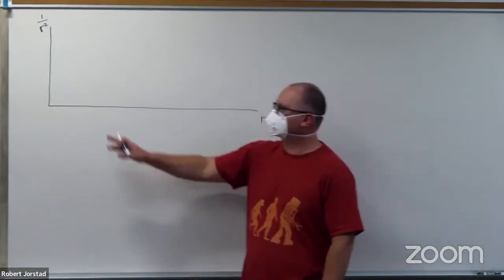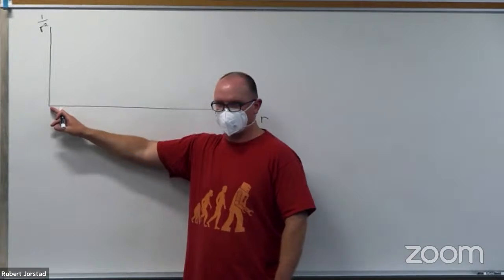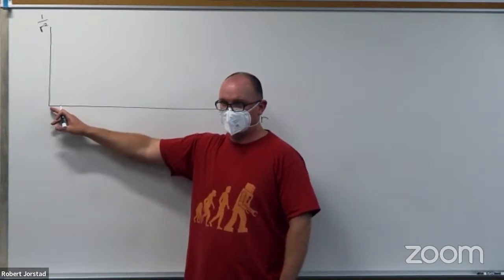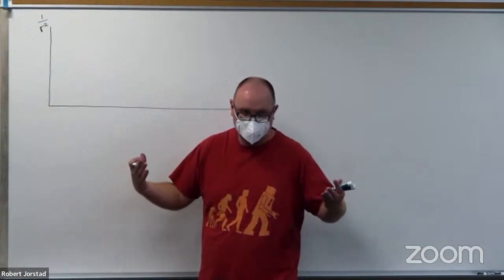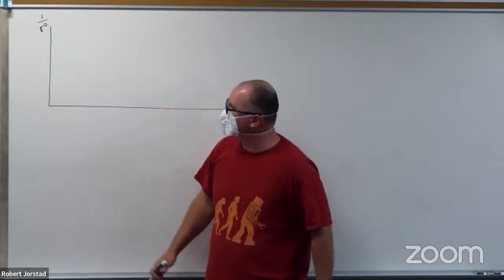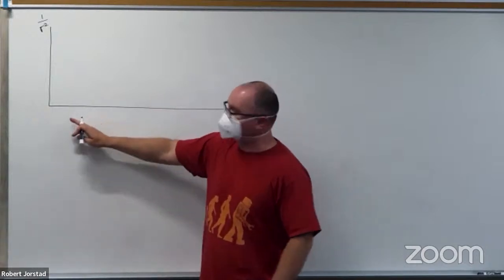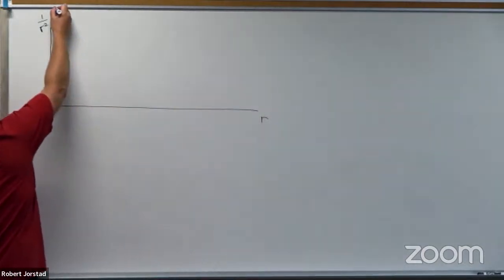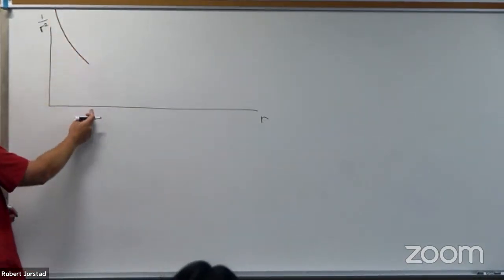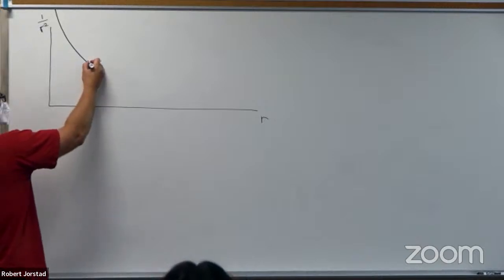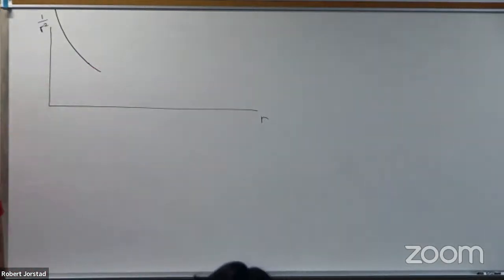What is the value of 1 over r squared when r is very small? When r is 0, what's 1 over r squared? Infinity, undefined, whatever. So do you agree when we get small here, it's way up here, and it's going to fall off rapidly? Obviously, when r equals 1, you hit 1. What happens to the function as I go outwards? Yeah, it goes to 0.